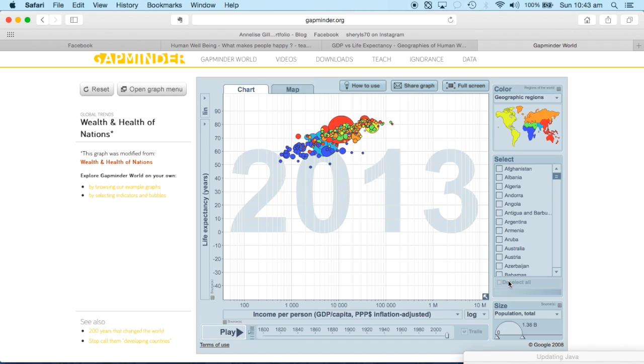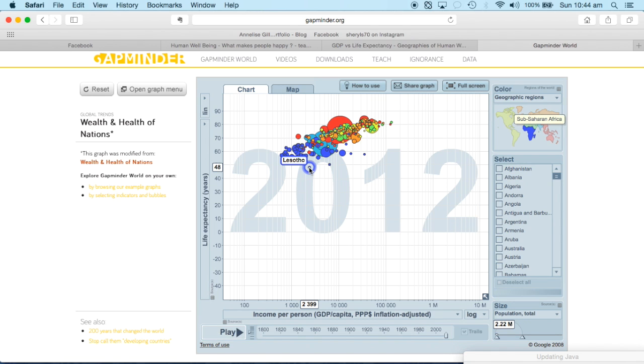Now the country with the lowest life expectancy. Now we talked about the highest life expectancy being up here. So the lowest one we've already actually looked at. Now I've actually asked for 2012, so we need to just change the graph to 2012 by using the sliding scale.